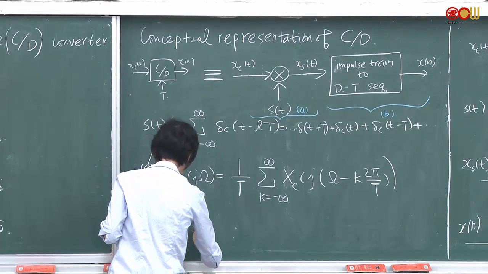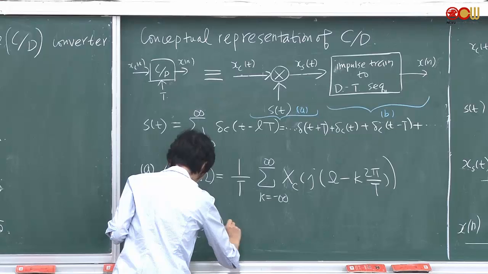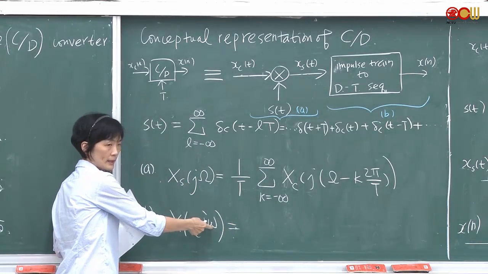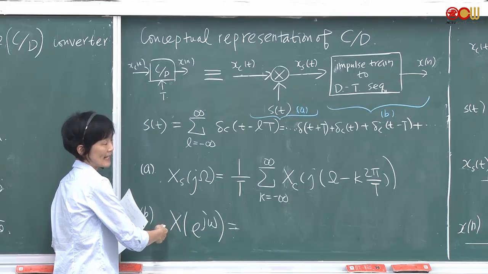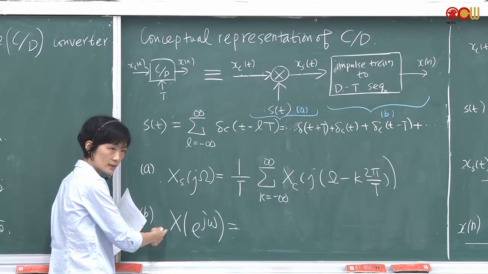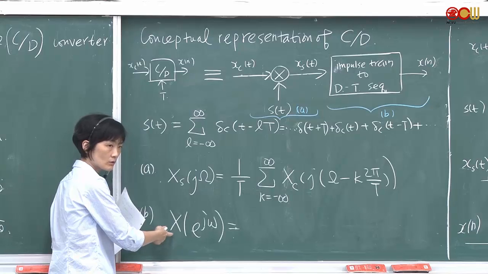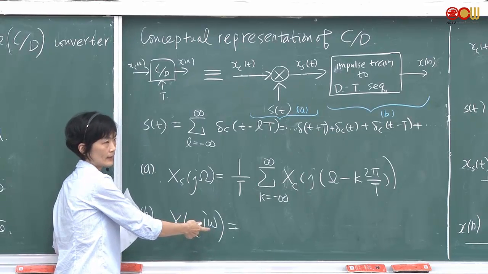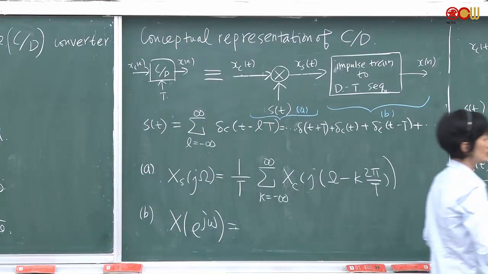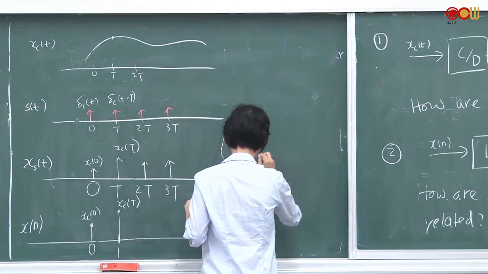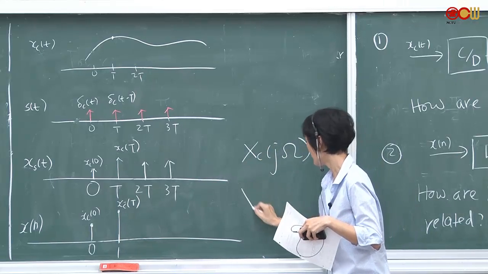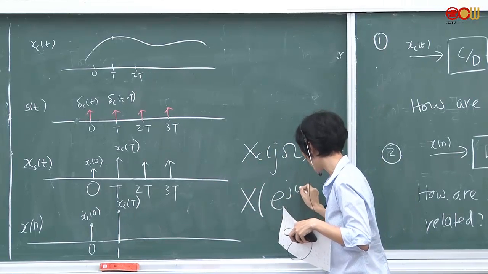B is X(e^{jω}). Now we write exponential jω because x is a discrete time sequence, so the Fourier transform is X(e^{jω}). Very important: one is X_c(jω), and the other one is X(e^{jω}).